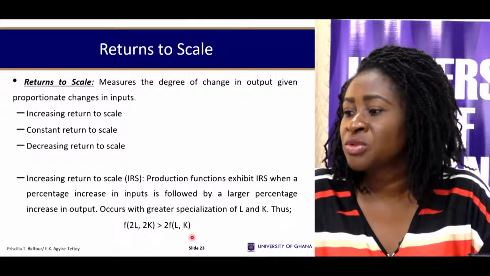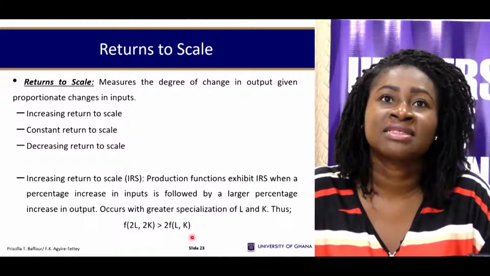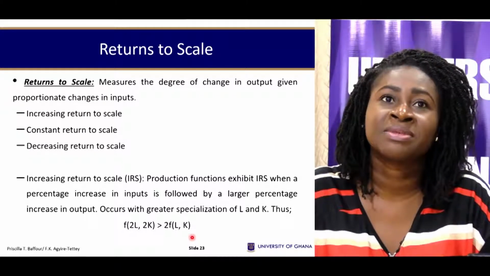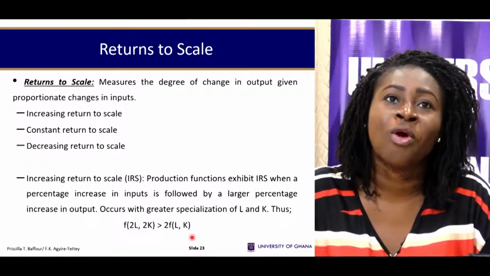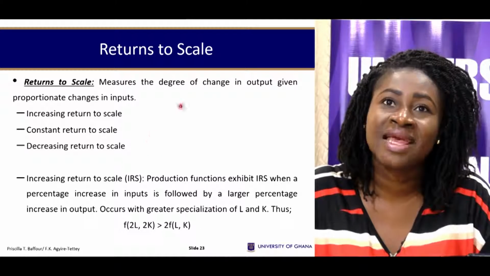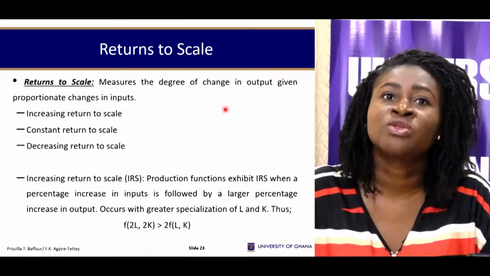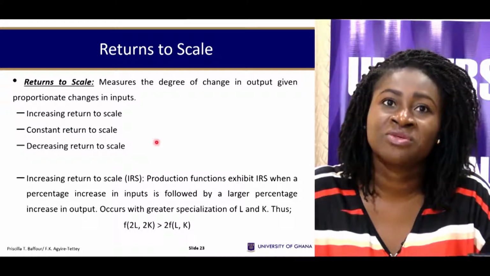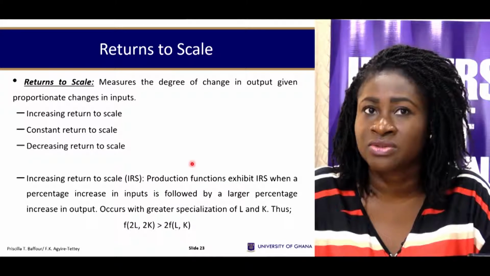So closely related, we want to look at returns to scale. That is, if a firm increases both capital and labor, will output double or triple, or how? It depends on the returns to scale of the technology that is being used. So here we have increasing returns to scale, constant returns to scale, and decreasing returns to scale.